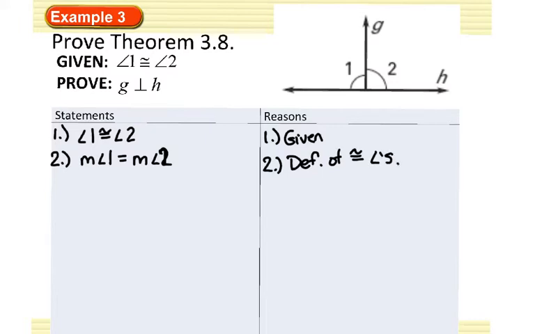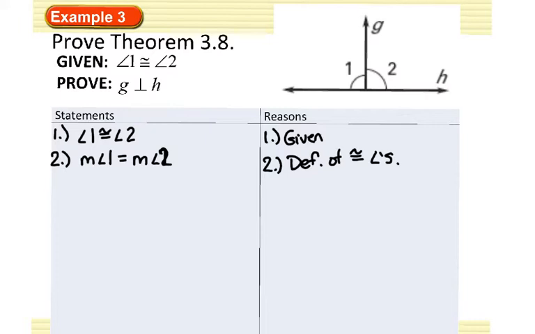Okay, now to tell you the logic of how I'm going to get to G is perpendicular to H: I am going to show that the measurement of 1 plus the measurement of 2 is 180 degrees because they're supplementary.